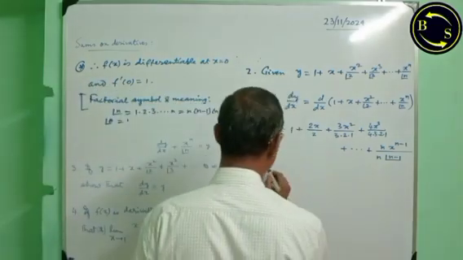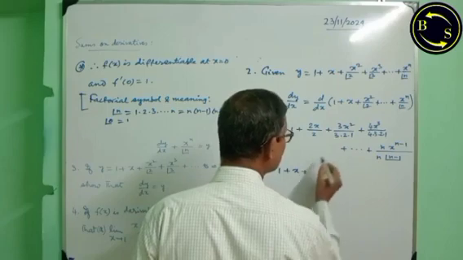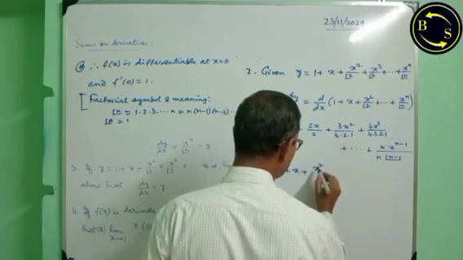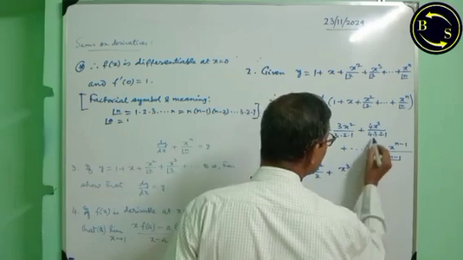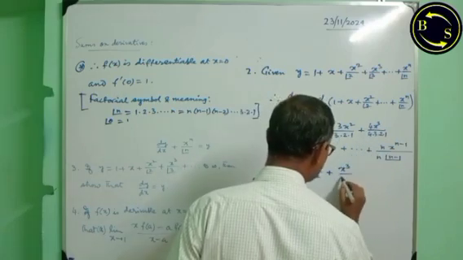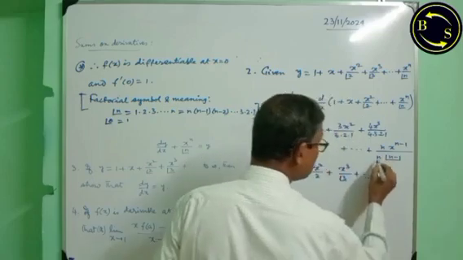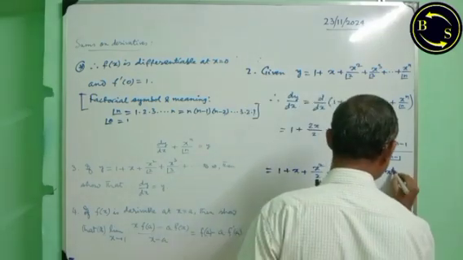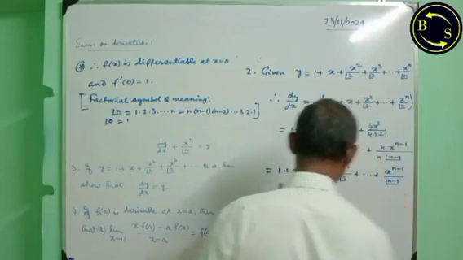Therefore, after simplification, it will be 1 plus x plus x square by 2 plus x cube by factorial 3, where 4 cancels, plus n cancelled, x to the power n minus 1 by factorial n minus 1.